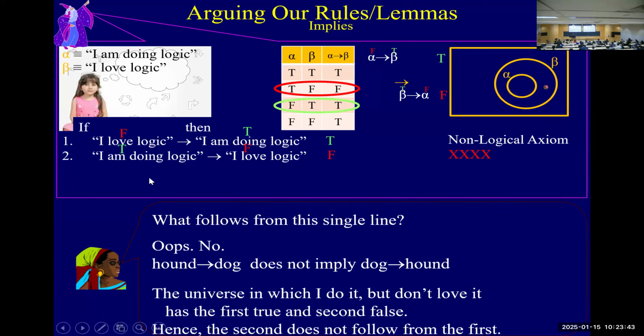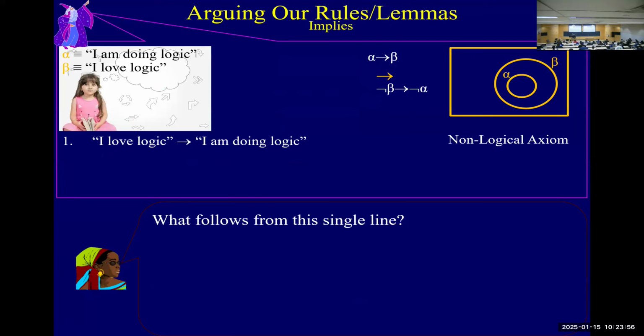Right, so here's what I'm doing: here's a universe in which the first is true and the second is not true. It's not too hard to find such a universe. In fact, on a test, if I said, prove to me whether or not this is true, and you see it's not true in a particular universe, then by proof by example, you can prove it's not true.